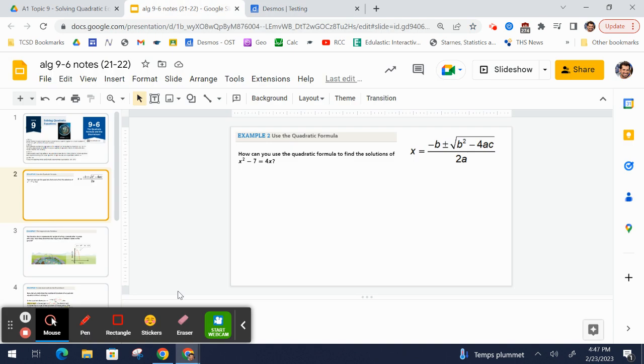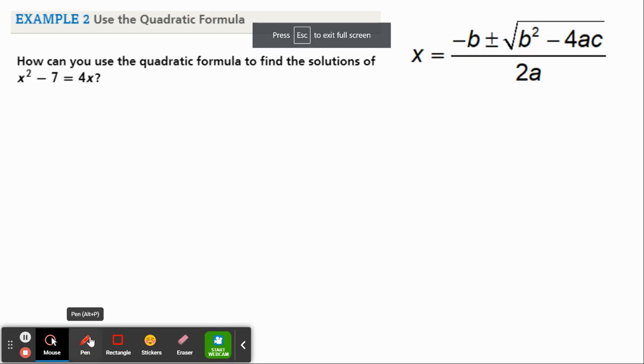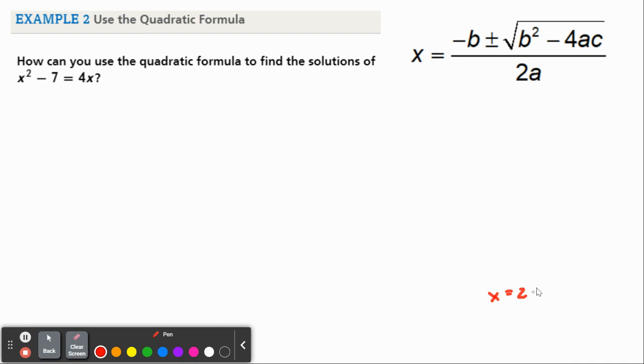So I'm going to come back here, and again, I'll make it big so you can see. So again, we were in the corner here, so x equals 2 plus the square root of 11, and that came out to be 5.32, I believe, and x equals 2 minus the square root of 11, and that was negative 1.32. So these, I think, are my 2 solutions.